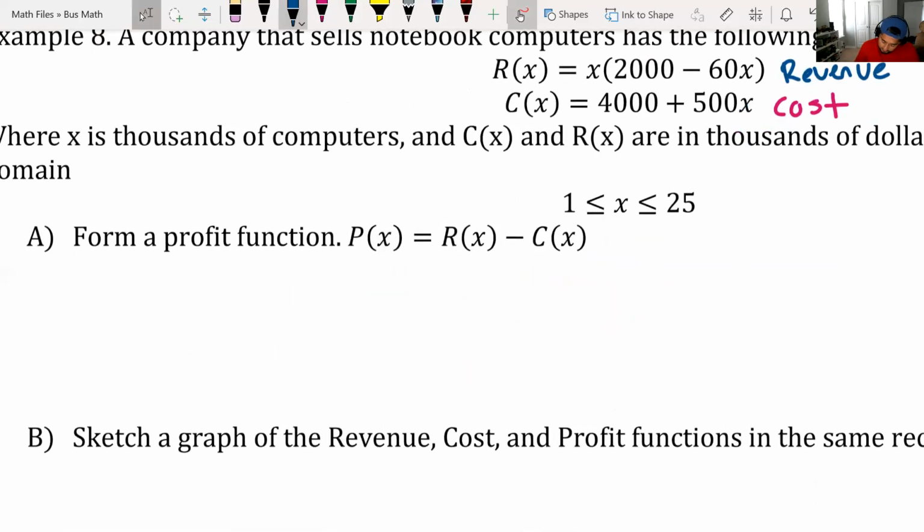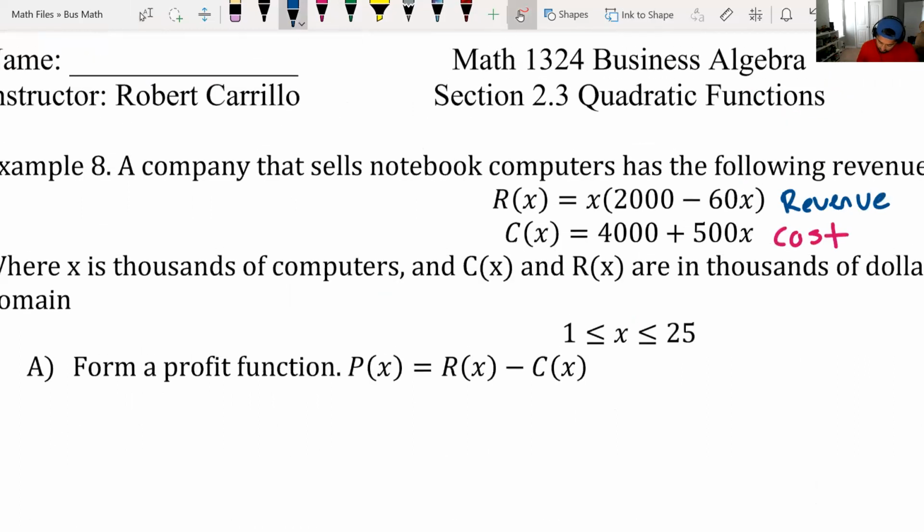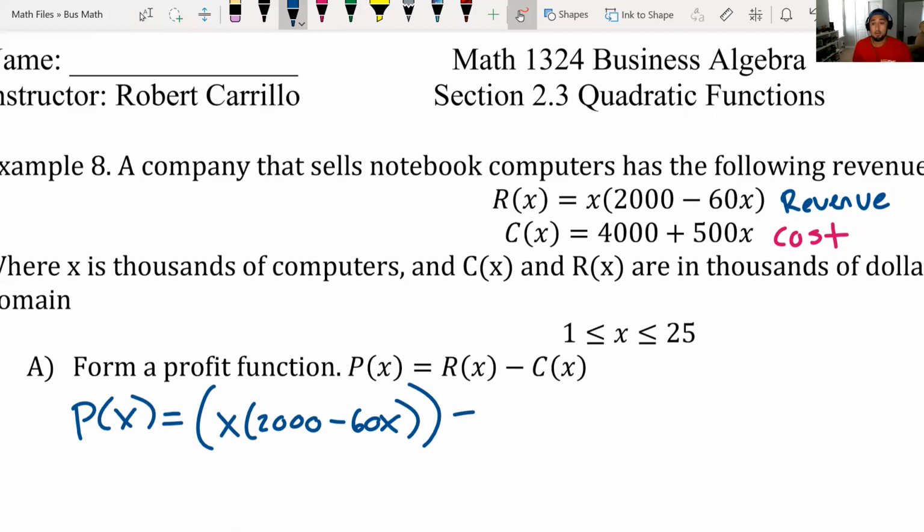So you'll get P of X is equal to R of X minus C of X. Notice how everything's in parentheses. We got to be proper.